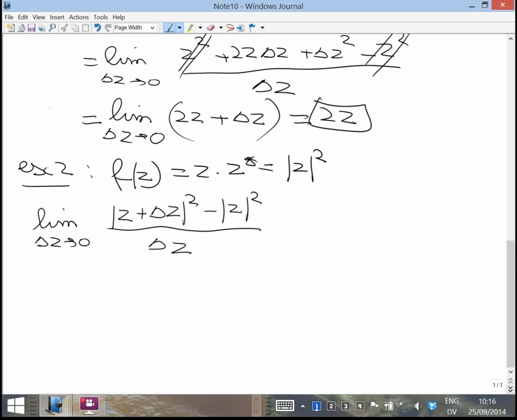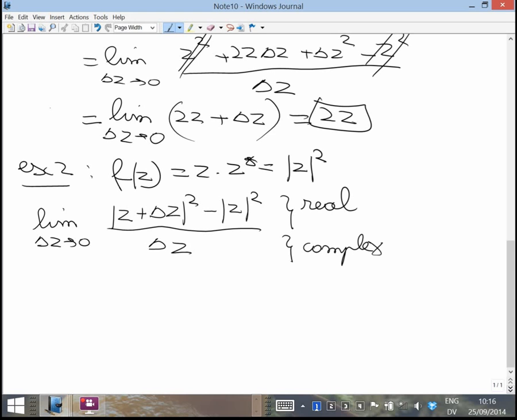However, now we run into some problems, because what's happening with the numerator? The numerator is always purely real, right? By definition of the modulus, the absolute value. Whereas this delta z, by virtue of it being a complex number, is complex. And moreover, it depends on the choice of delta z.